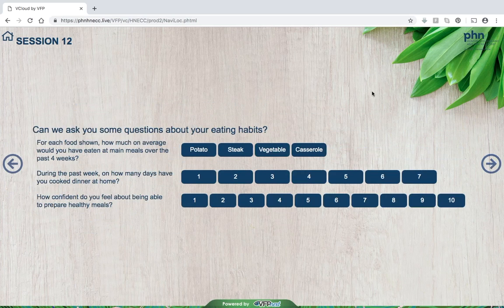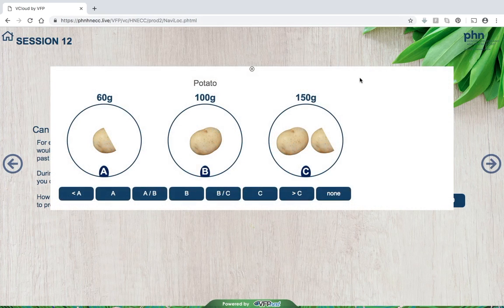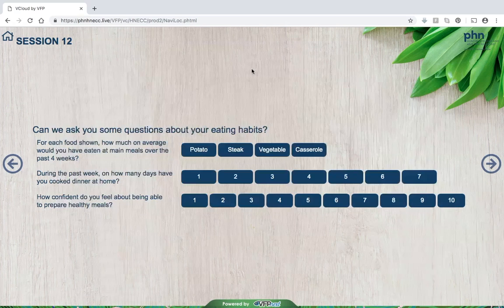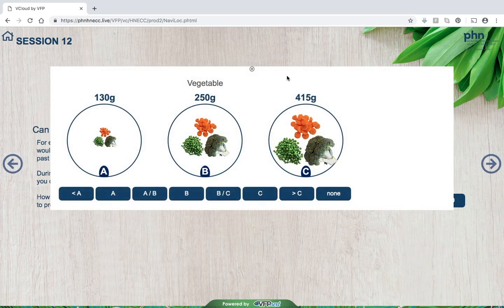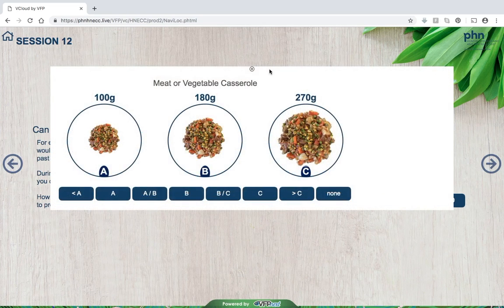We move on to some other questions about their eating habits and around portion sizes. So again, we can revisit if they've forgotten portion sizes with steak, vegetables, and this is in relation to a large dinner plate and all-in-one dishes.